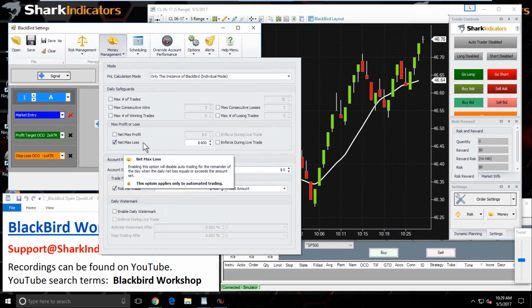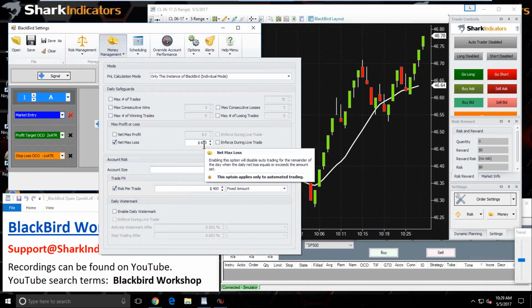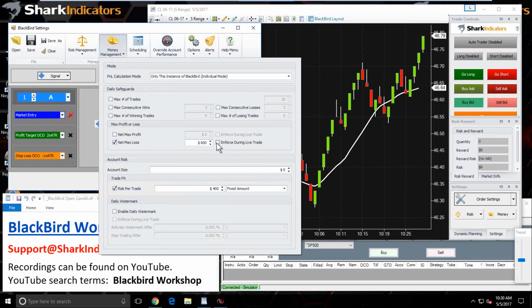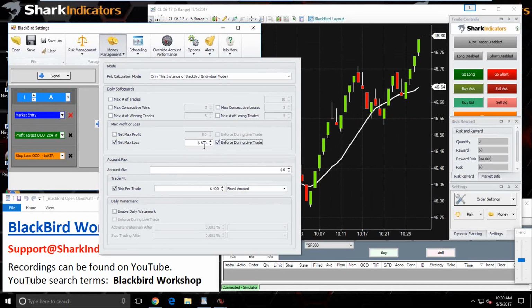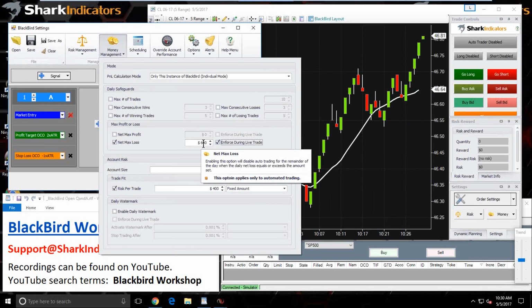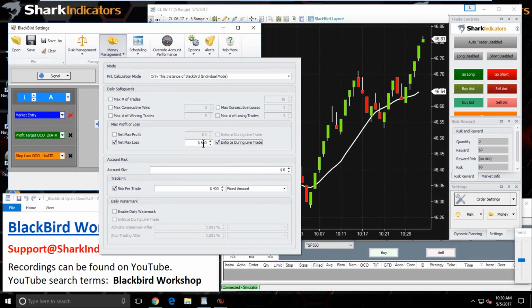Once your loss for the day has exceeded $600, BlackBird doesn't really have the capability to stop it at exactly $600. Well, it could try to. Using the enforce during live trade, BlackBird will attempt to set your max losses as close to $600 as possible. Obviously, it depends on market volatility and everything.